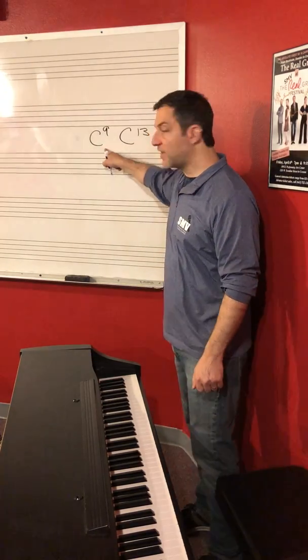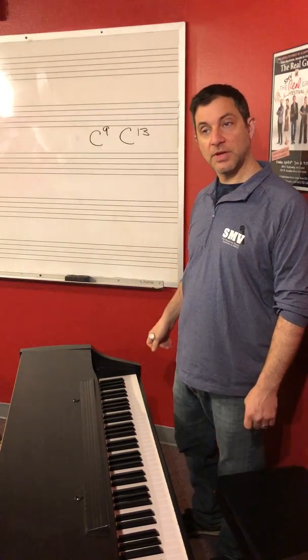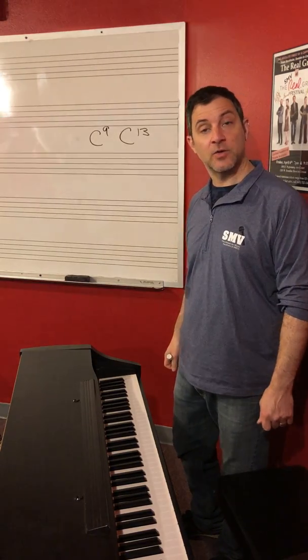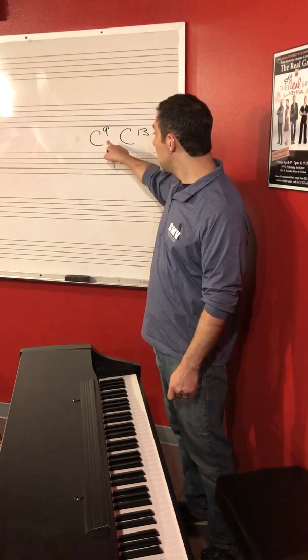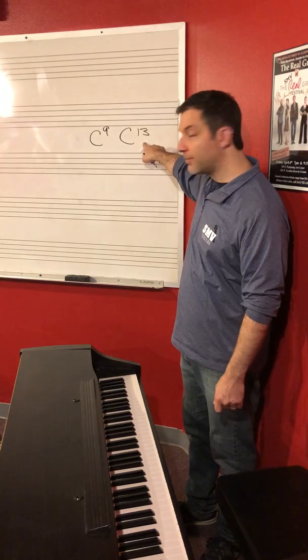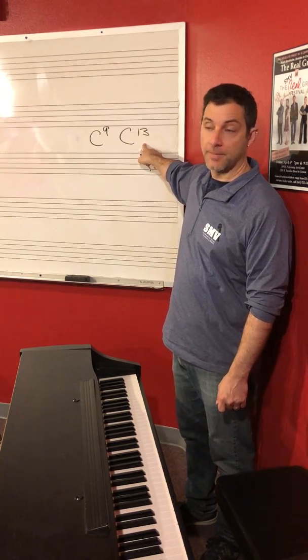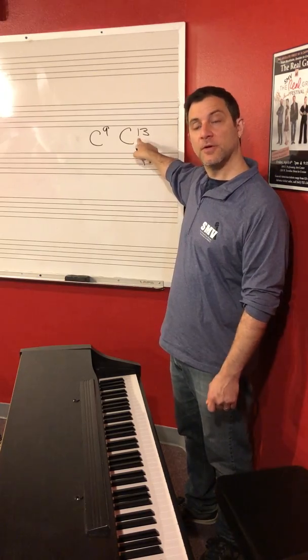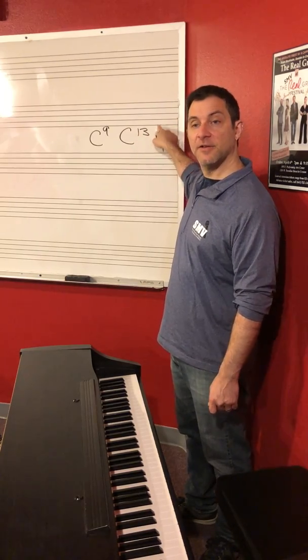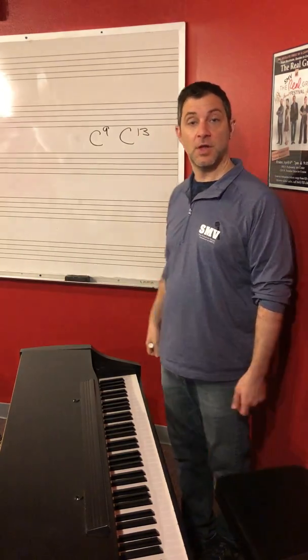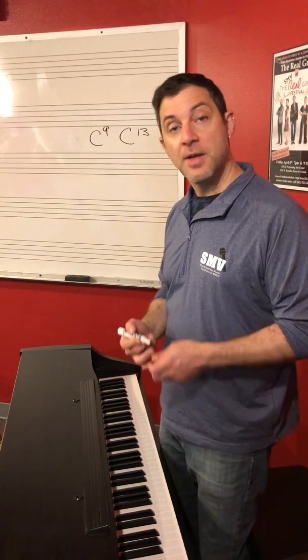So if it doesn't tell you that it's a flat 9 or a sharp 9, then this probably implies that there's a natural 9 in there as well. Otherwise, it would have told you C13 flat 9 or C13 sharp 9. But because it didn't tell you that, it implies that there's a natural 9 in there.